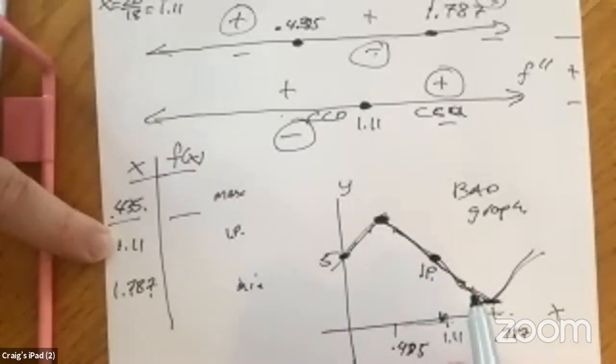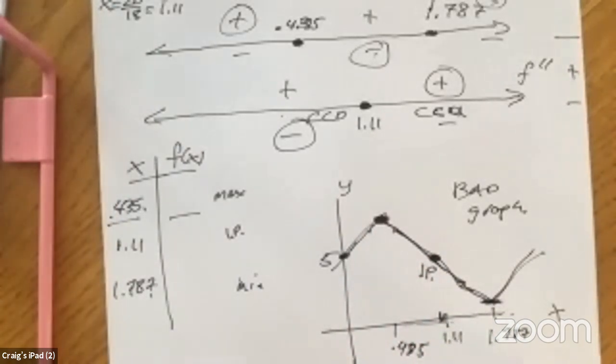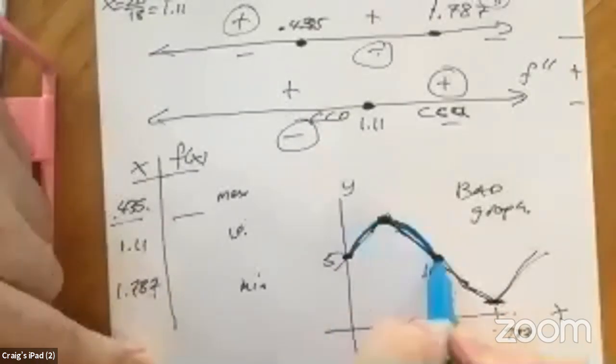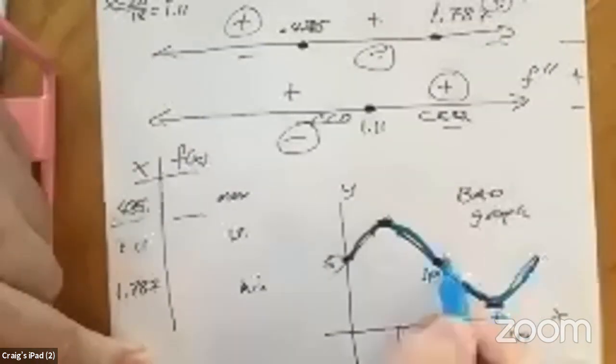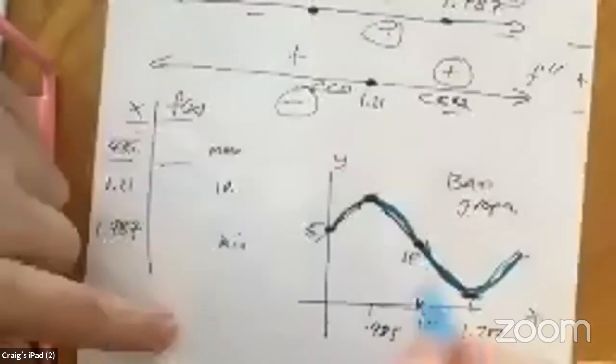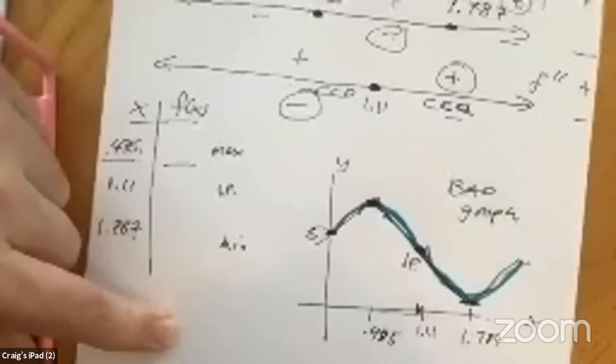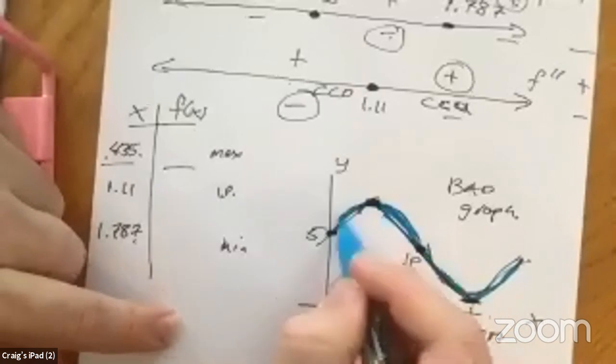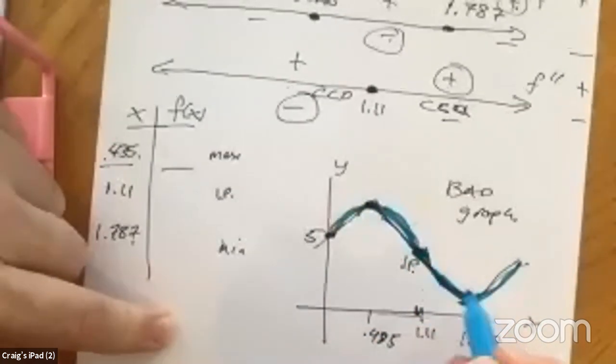I haven't graphed it properly. So I want to use a different marker to get it right and make it concave down, concave up. And now this is a little better graph that I've drawn the curves and got the concavity correct.